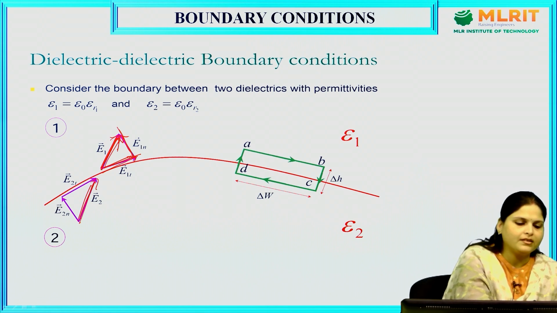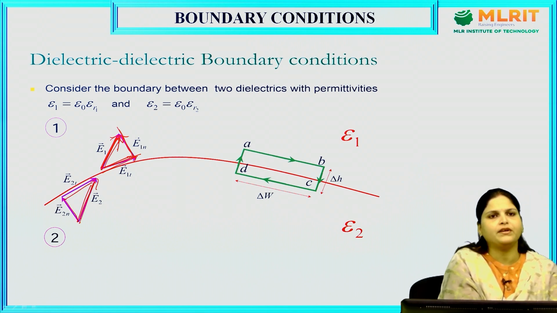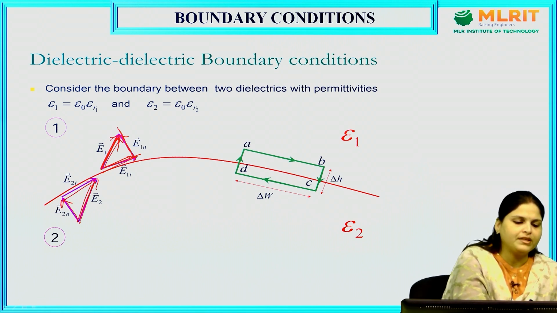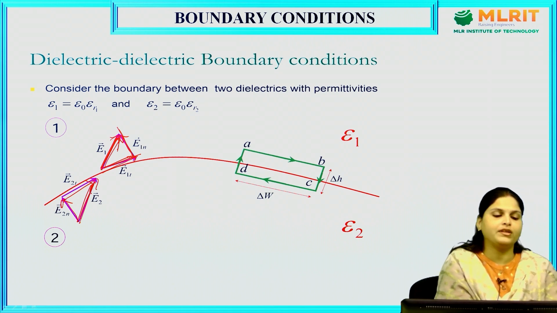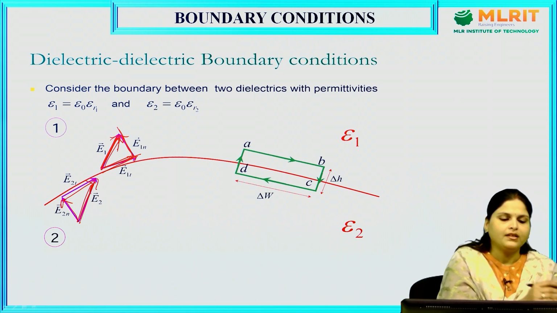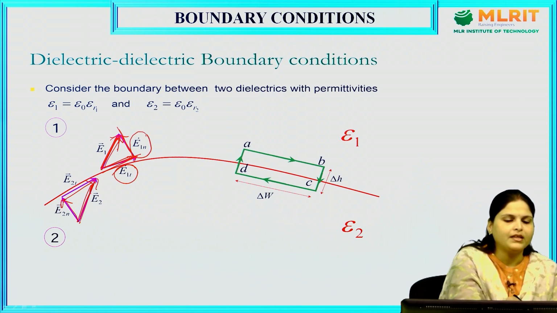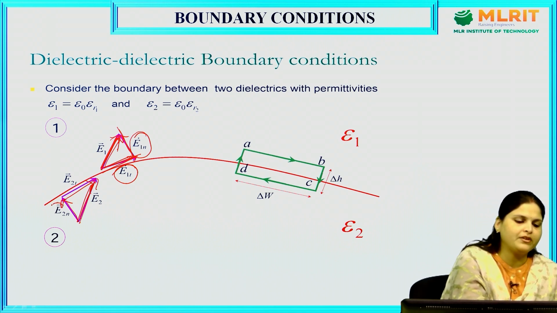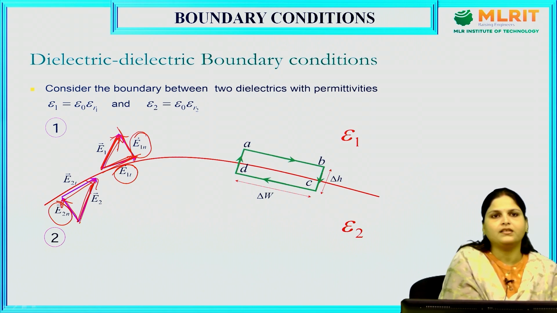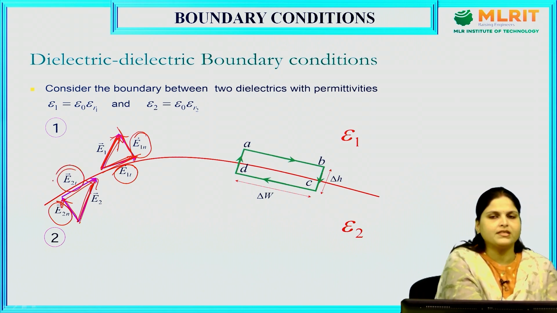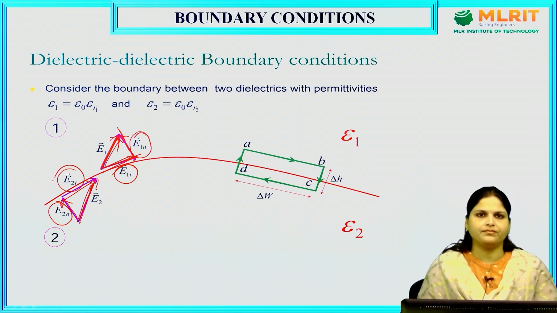Similar thing is done for the second field also. For the first field, the tangential component is E1t and the normal component is E1n. For the second field, the normal component is E2n and the tangential component is E2t.